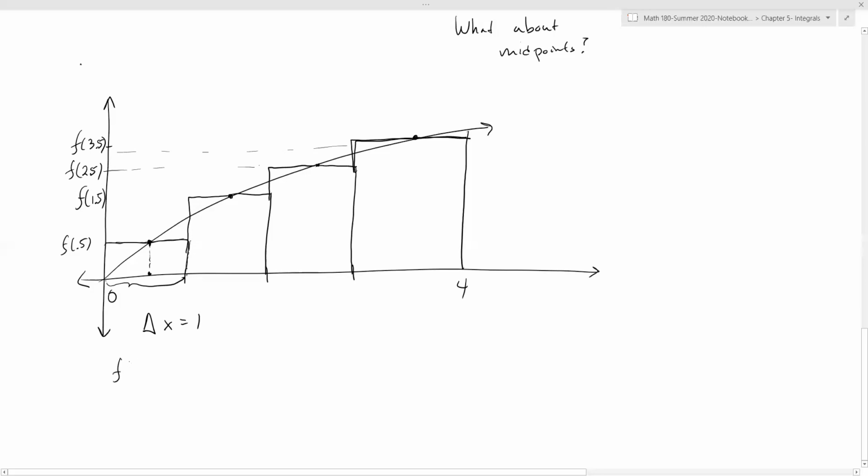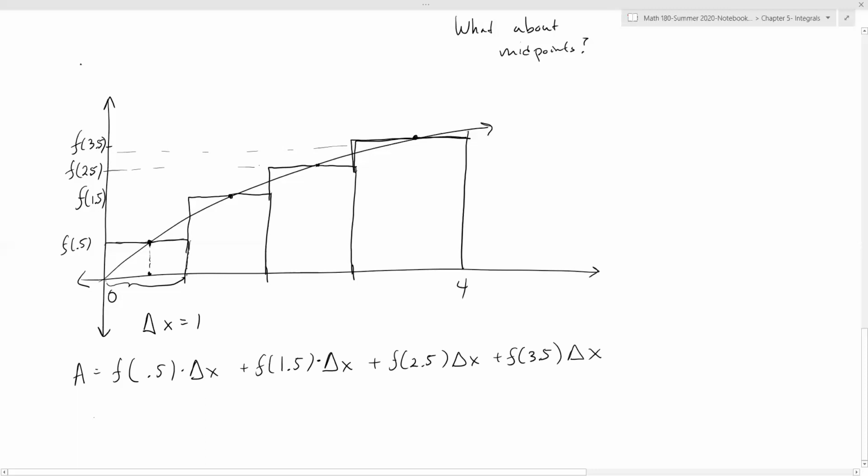So our area will equal f of 0.5 times delta x plus f of 1.5 times delta x plus f of 2.5 times delta x plus f of 3.5 times delta x.